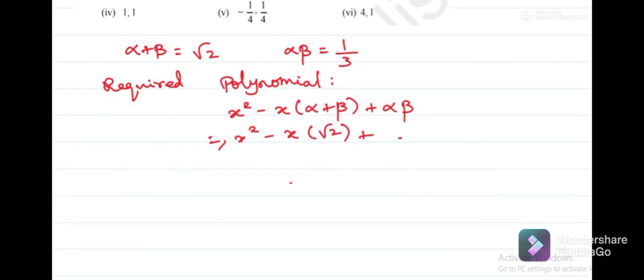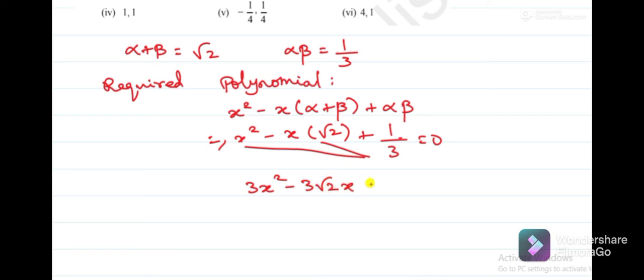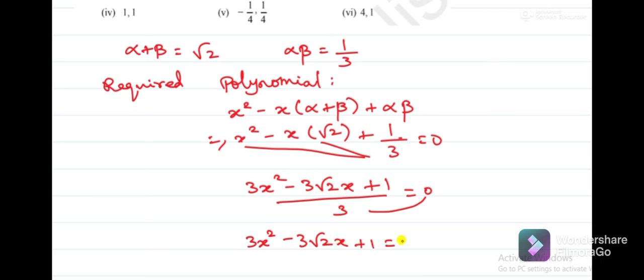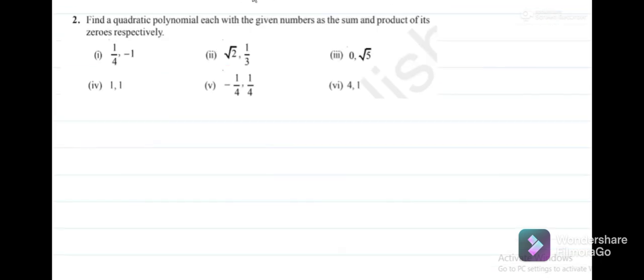So it's x squared minus x into root 2 plus 1 by 3. We have a denominator. Let us take it as common denominator. So it's 3x squared minus 3 root 2x plus 1 by 3 equal to 0. Now 3 goes to the other side and is multiplied by 0. So the required polynomial is 3x squared minus 3 root 2x plus 1 equal to 0.